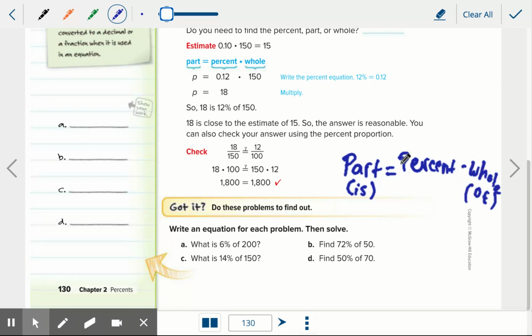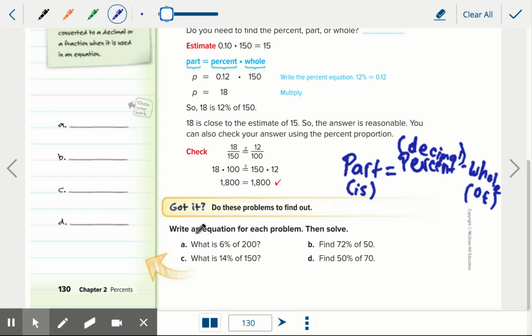And I also want you to write in decimal form. Okay, so part equals percent times whole. Let's go ahead and give this a try.